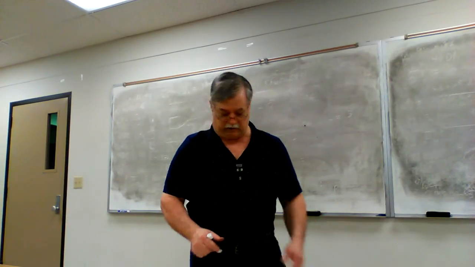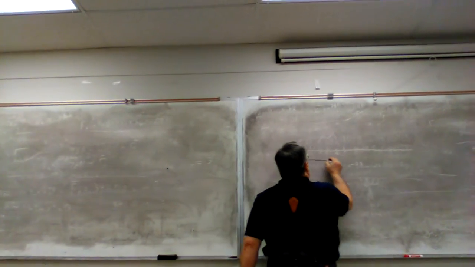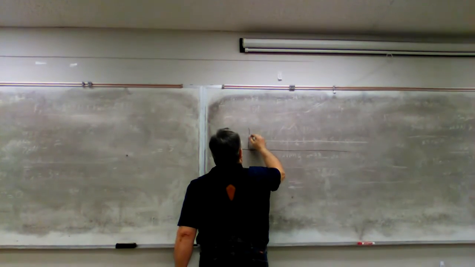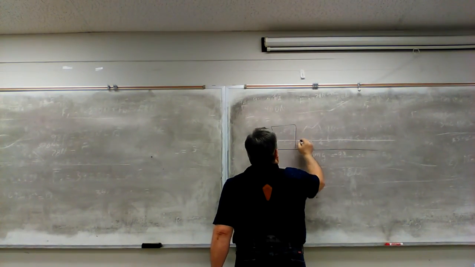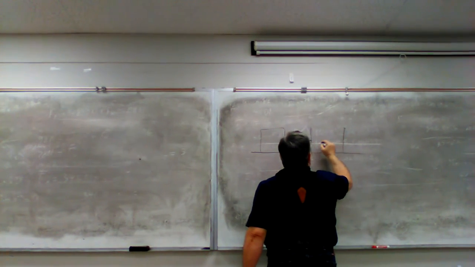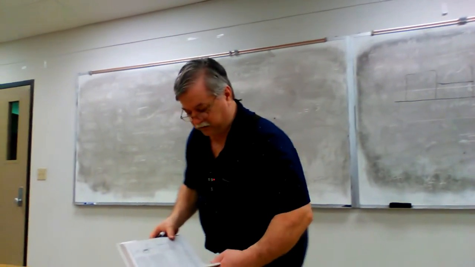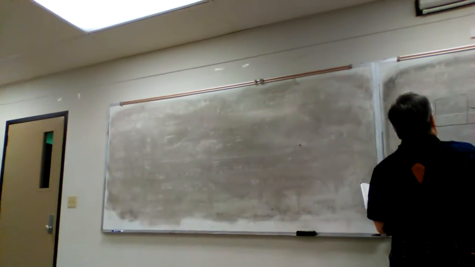In this case, let's analyze this one just as two boxes, both on the same horizontal surface. How are they labeled? Mass B is 12 kilograms.